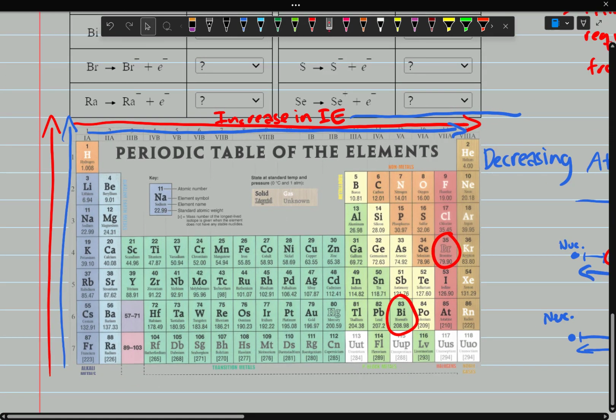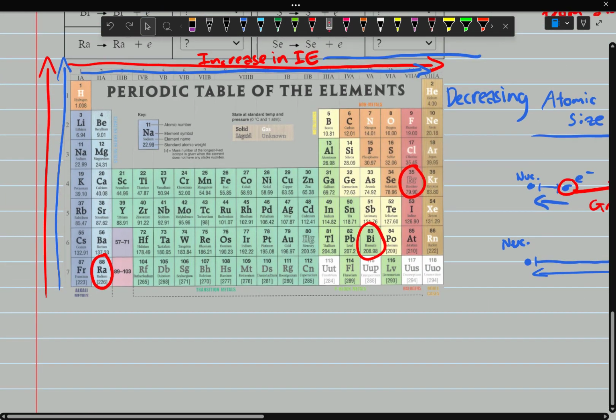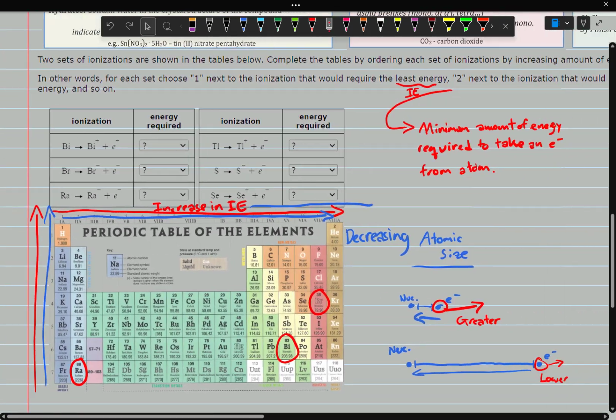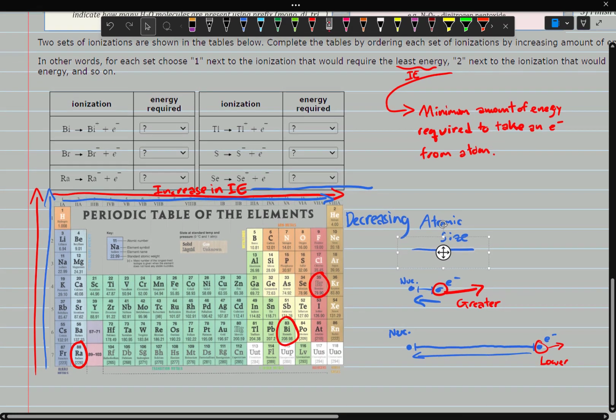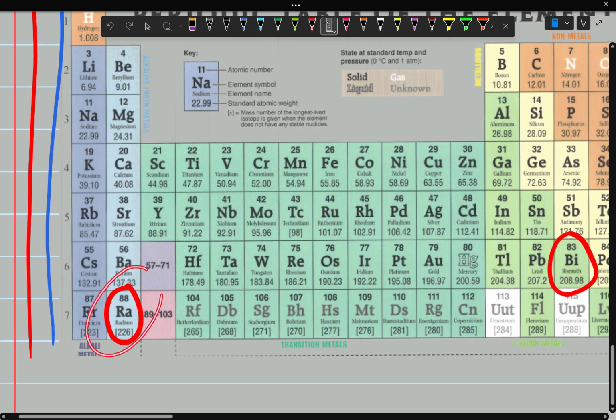And then we have Ra, which is radium, and that is here. So we want to start with a 1 next to the ionization that requires the least energy. So that's going to be radium.